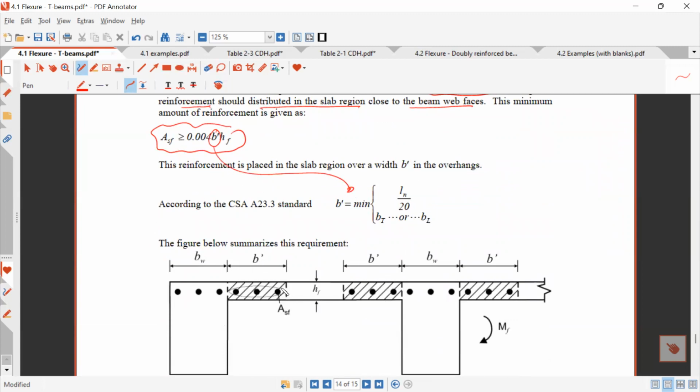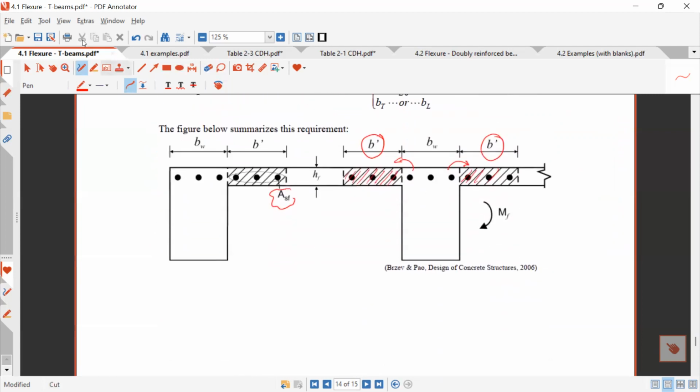Once you know that, you need to put this Asf, just as they're showing here, in these flange regions. You need to take the total amount of steel, place some of it into these flanges, and distribute it over a distance b prime. That's a fine detail in the code, but we need to be aware of it. This is only when you have negative moment.